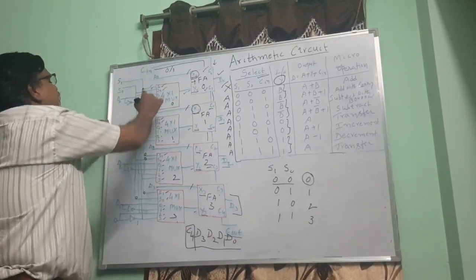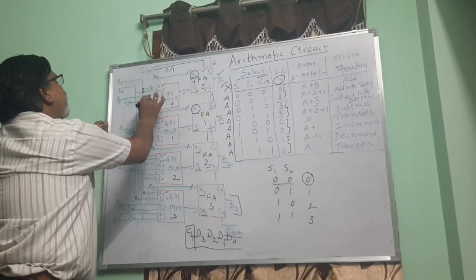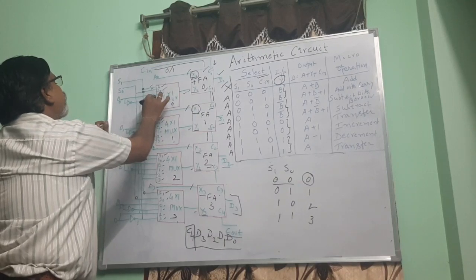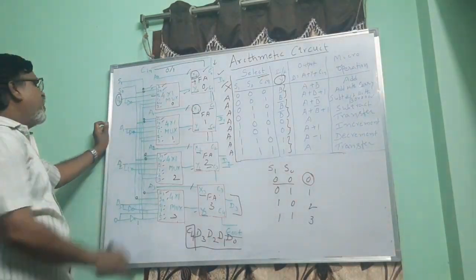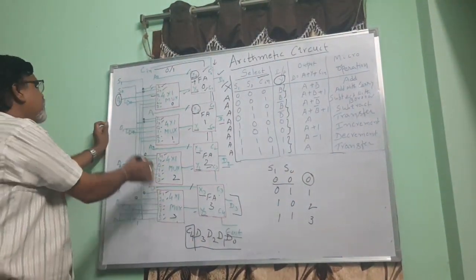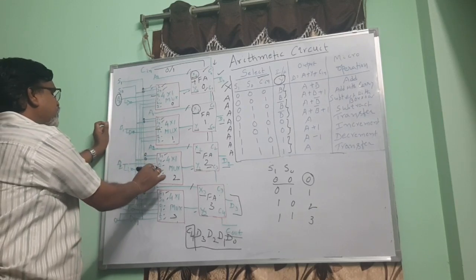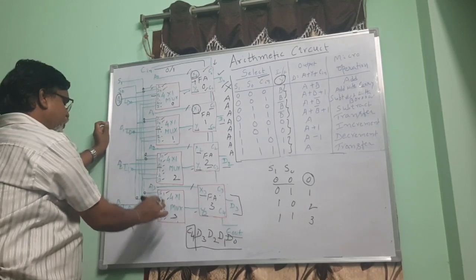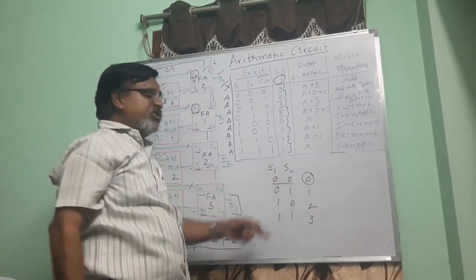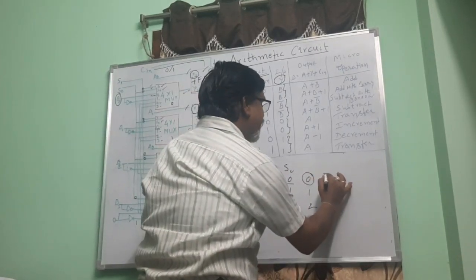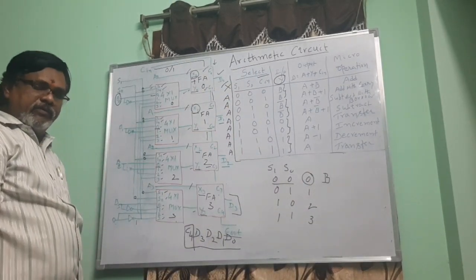Here, in these 4 multiplexers, the input given at the 0th position is B0, B1, B2, B3. So if S1 and S0 are both zeros, B will directly be the input.